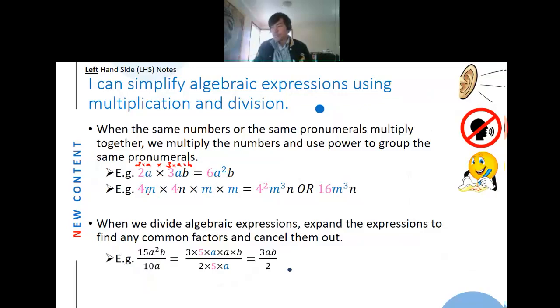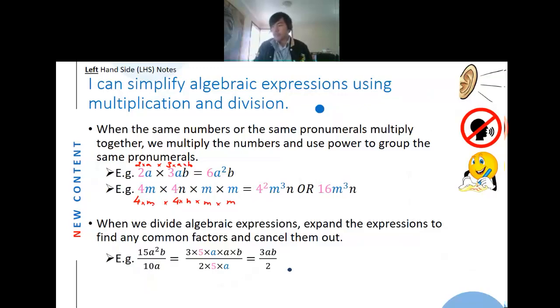The next one we've got is 4m times 4n times m times m. Again we can rewrite this as 4 times m times 4 times n times m times m. So first we group the numbers together. 4 times 4, well, that's 4 squared.